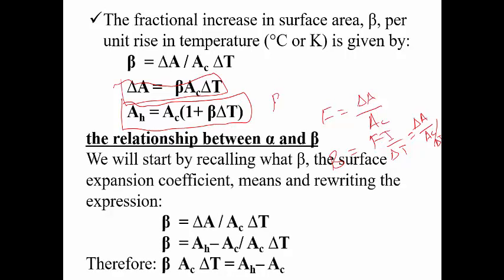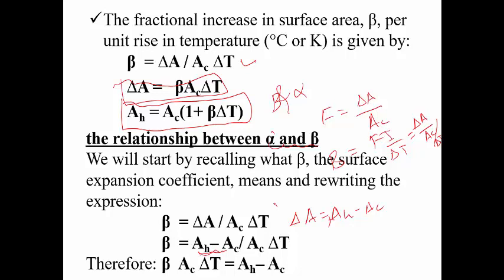Beta and alpha have a relation. To get the relation between beta and alpha, we start from the equation beta is equal to change in A over AC times change in T, and as you know, change in A is AH minus AC.